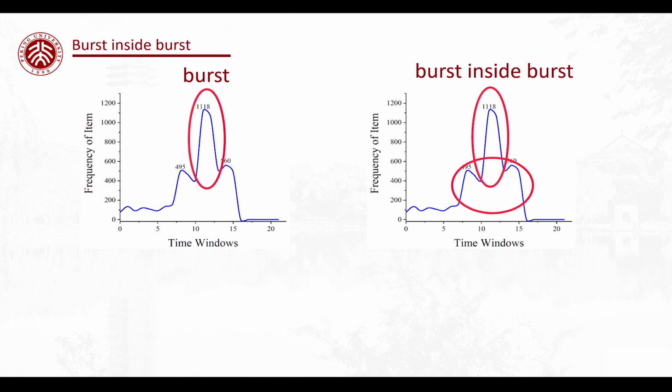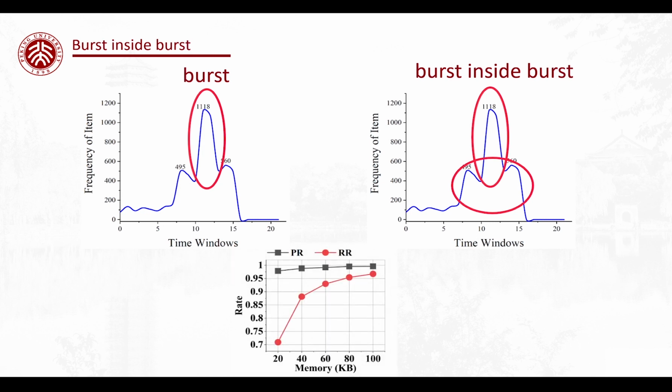So there are two bursts. We call the middle one burst inside burst. The specific algorithm of the extended version is in the paper, and the experimental result is its recall rate and precision rate just drop a little compared to the basic version.